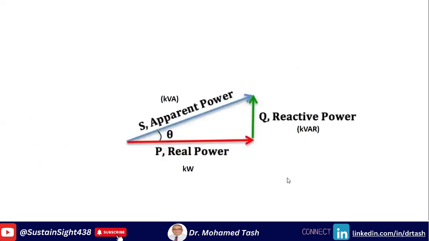Okay, so in order to determine the minimum power factor that will not result in a penalty, we need to understand the relationship between the real power, reactive power, and the power factor. These quantities can be represented by a right-angled triangle, known as the power triangle.